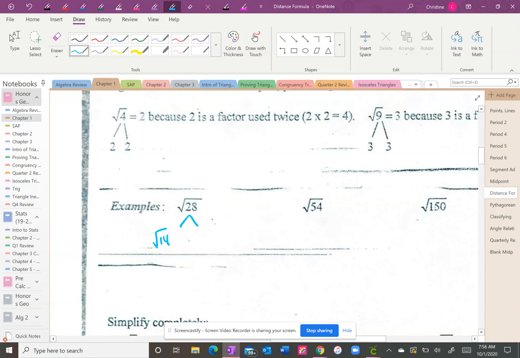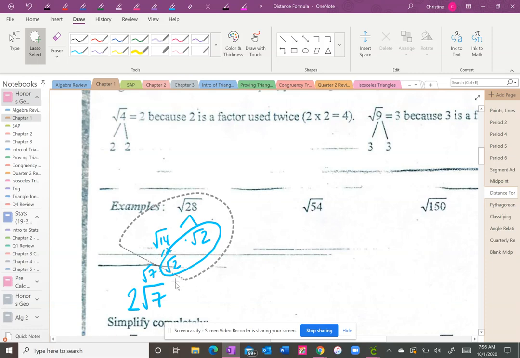That could be 14 times 2. And 14 times 2, well, that's just 7 times root 2. Oh, that's a pair. Pull it out. Root 7. We're not going to do it this way. We are going to recognize what a perfect square is and factor it out. So, goodbye.